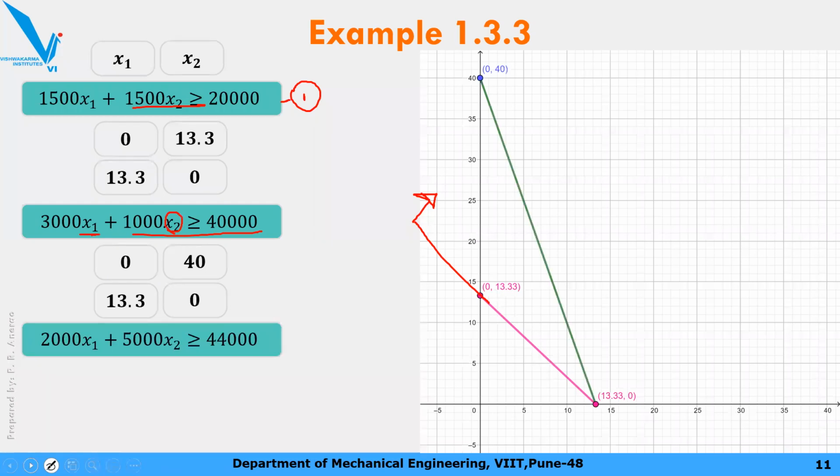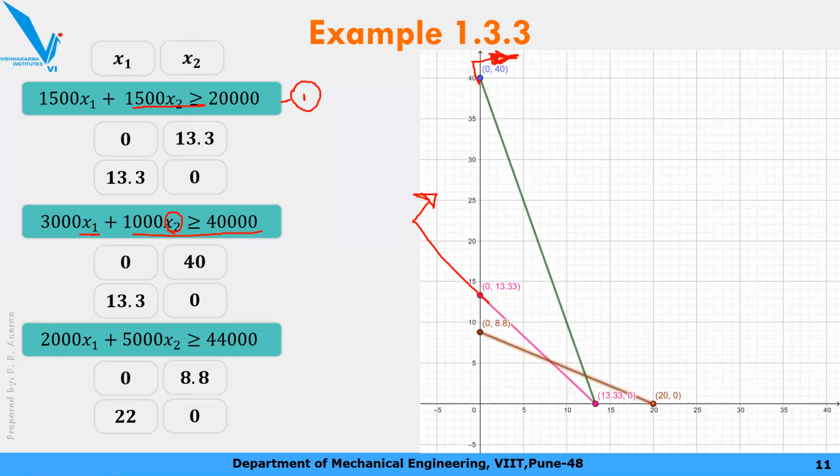You will take the third constraint, 2000 x1 plus 5000 x2 greater than or equal to 44,000. Sorry, for the second constraint again it is a greater than sign, so your feasible region is in this direction, away from the origin. For the third constraint, you are going to get these points. We will draw it on the graph paper, and this last constraint is also a greater than sign, so above.